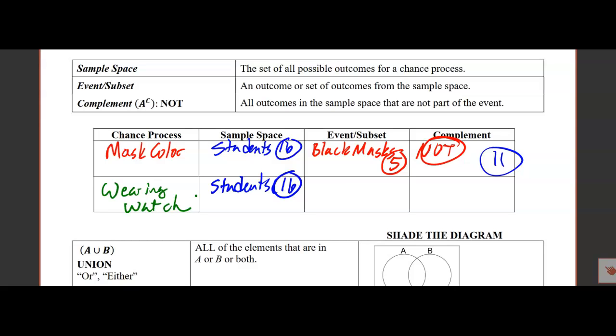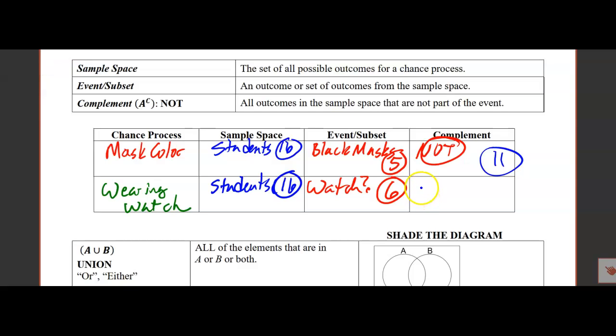Okay. So if my event is, okay, 5 people. So if I have a watch, how many people had watches? I have a watch. Okay, 6, I guess. 6 people have a watch. On or out? They have a watch on their wrist or somewhere. They have a pocket watch or something.